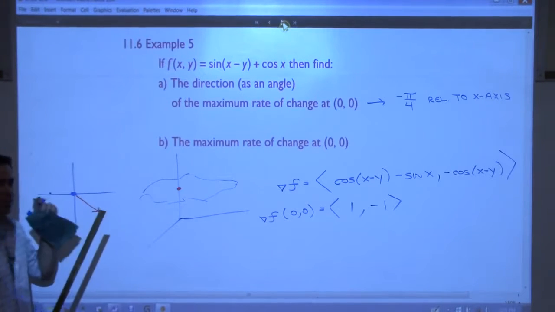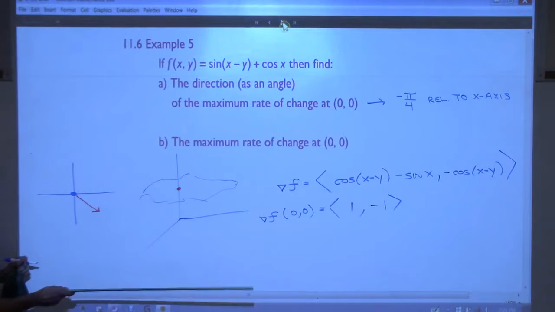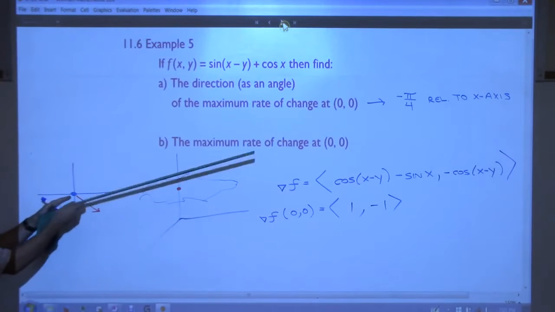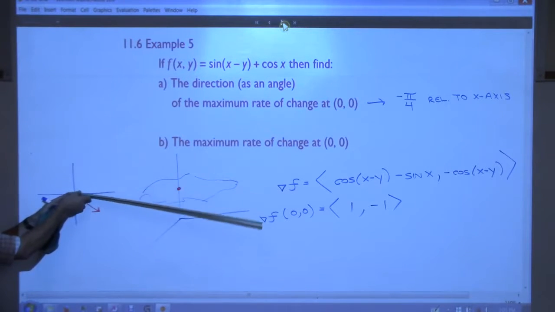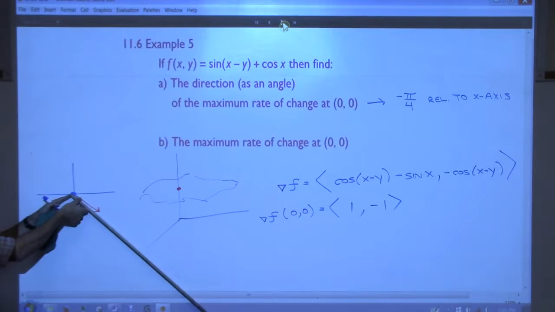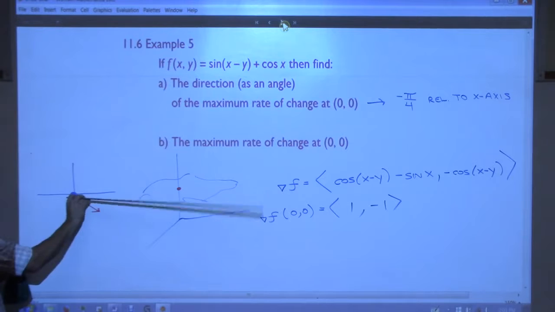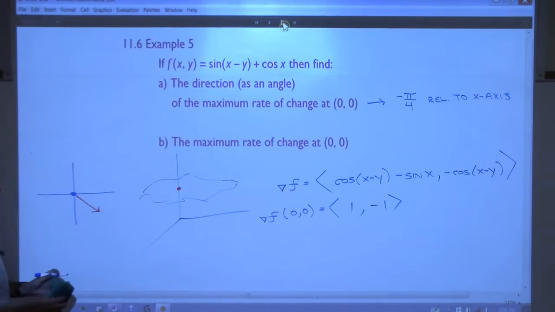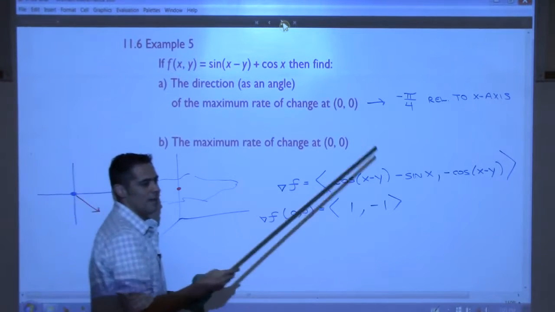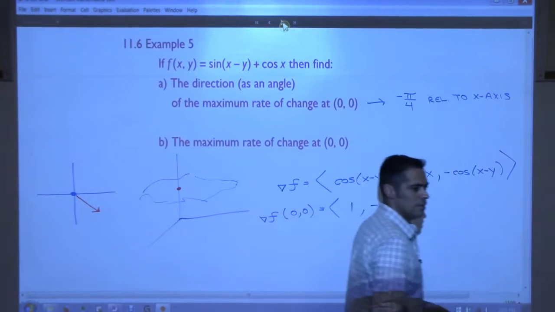If I want to have the steepest ascent, what I need to do, standing at 0, 0, is point at negative 45 degrees, negative pi over 4. You could make it relative to the y-axis, but then everyone would be like, why? Everything's always been relative to the x-axis, but you could. Just make sure you state it. That way there's no confusion.